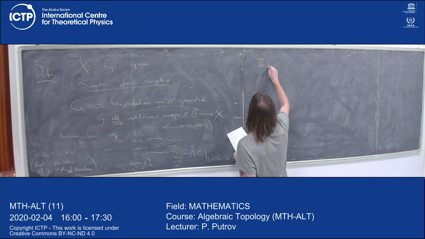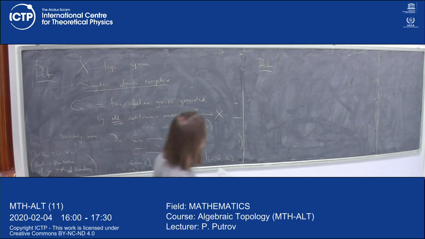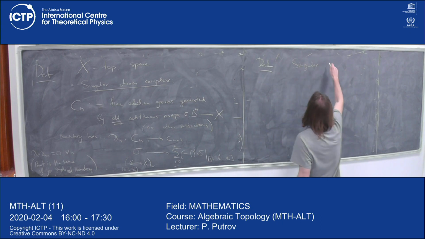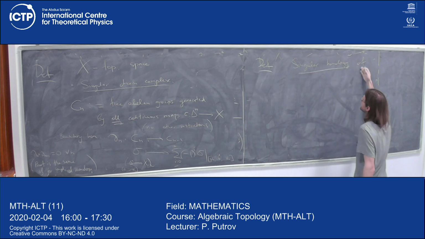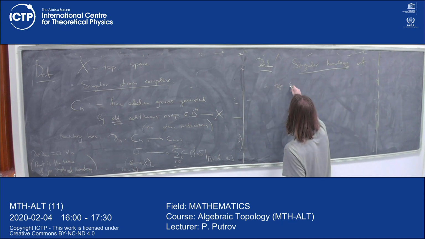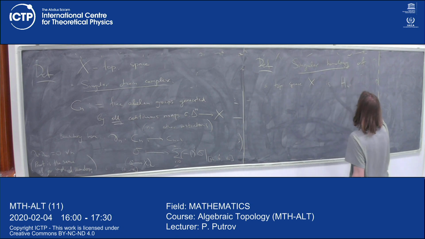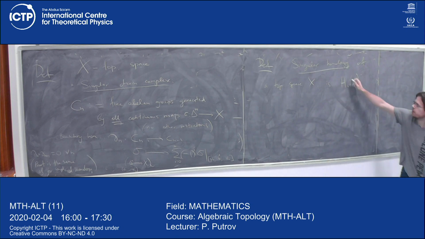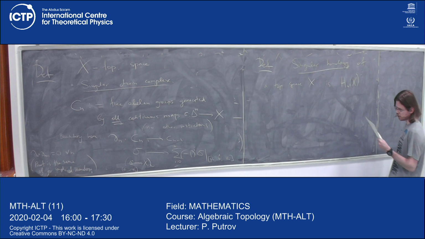Okay, so we have a chain complex, and so we can use the general construction to define the corresponding homology, which we call singular homology of the topological space X. The chain complex is just denoted C_n of X, there is no delta symbol, because it doesn't depend on any additional structure.